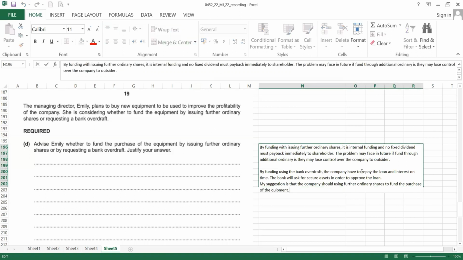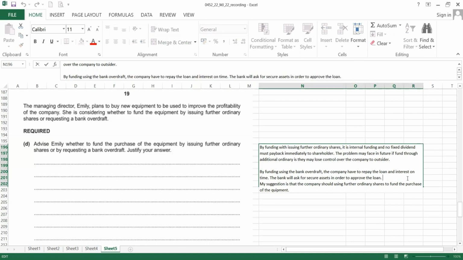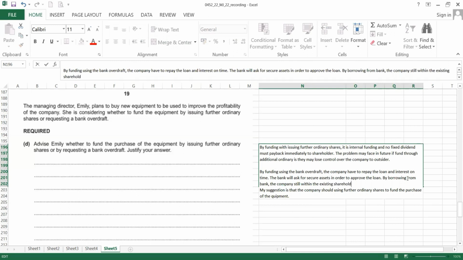So you can say that by borrowing from the bank, the company stays with the existing shareholders and dividend won't be diluted due to the increase in shares.